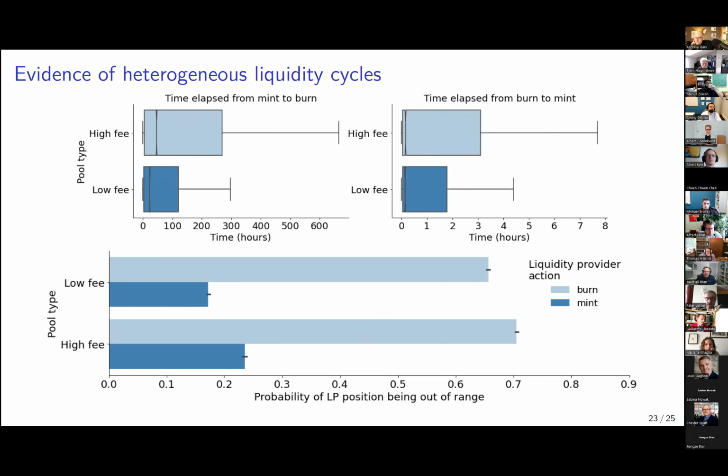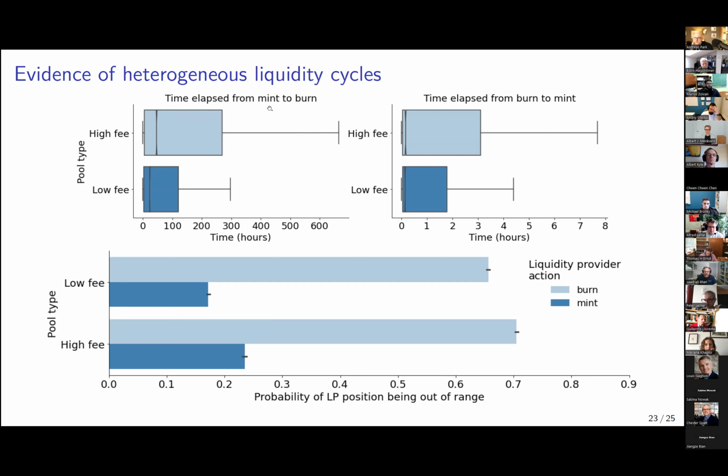And finally, we want to look directly at the length of the liquidity cycles, right? Because our paper makes a very sharp prediction that liquidity cycles should be faster, should be shorter on the low fee pools, and they should react also to gas prices.